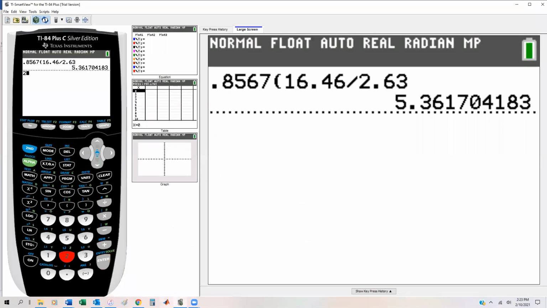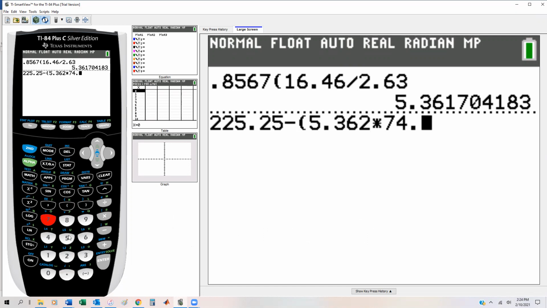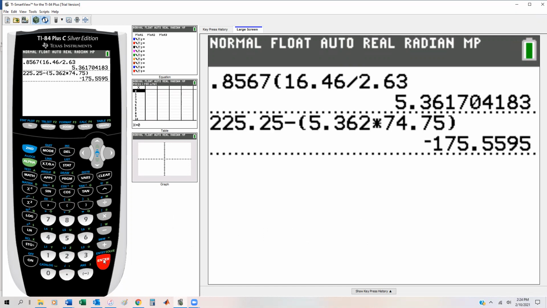It's 225.25 minus the quantity of 5.362 times 74.75. And we hit enter, and we get negative 175.55.